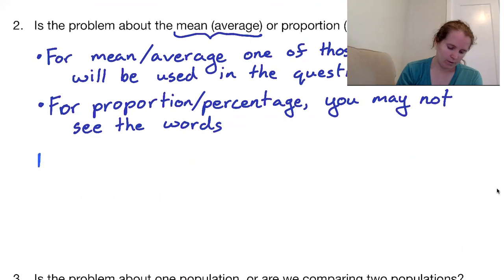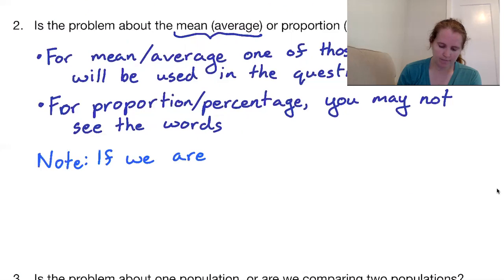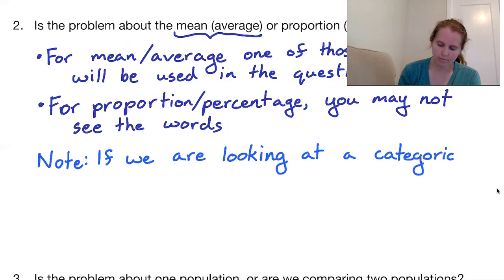So note, if we are looking at a categorical variable, then that means that we must be looking at proportion.